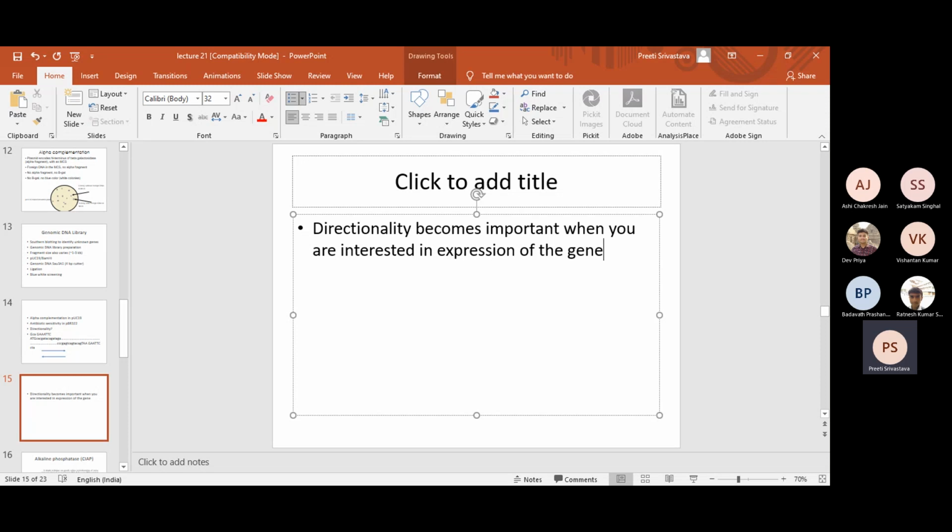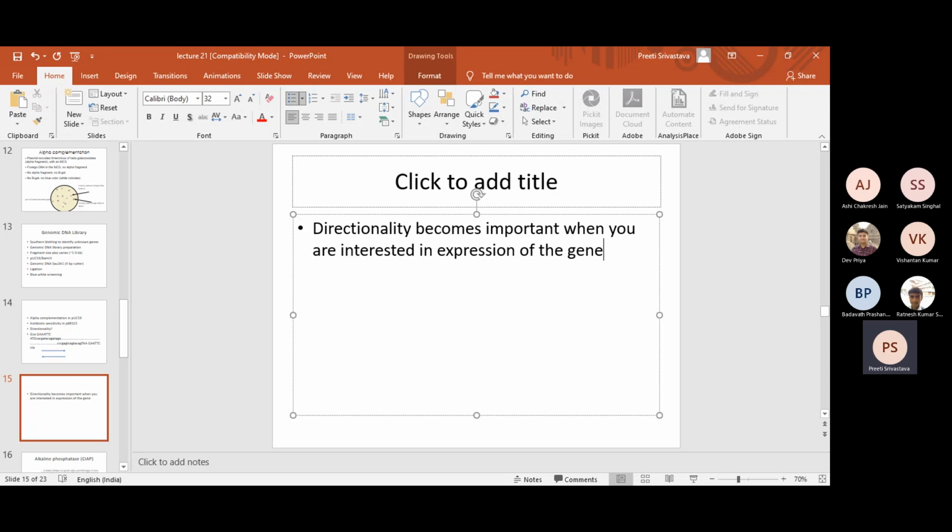Directionality becomes important when you are interested in expression of the gene. When you are just interested in cloning of the gene, for example for sequencing, directionality is not important because all you want is the sequence.